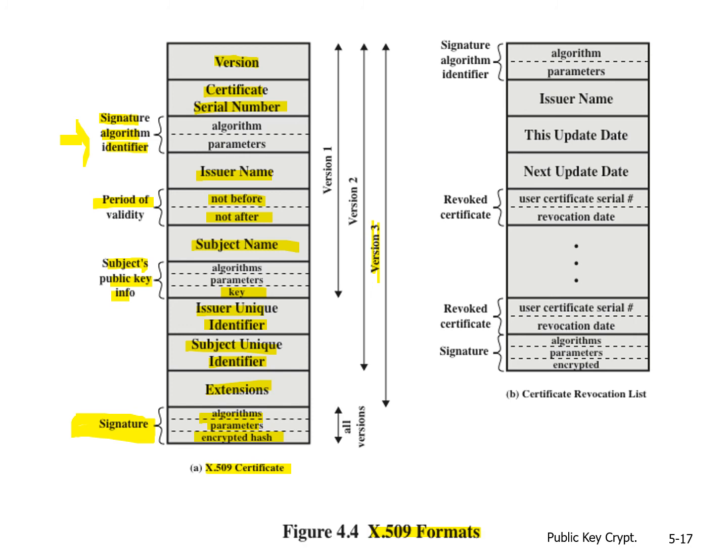Also, there must be a mechanism for revocation. We call it the CRL, Certificate Revocation List. The certificate revocation list has the same signature part at the end, but here it contains revoked certificates, certificates that are not valid.